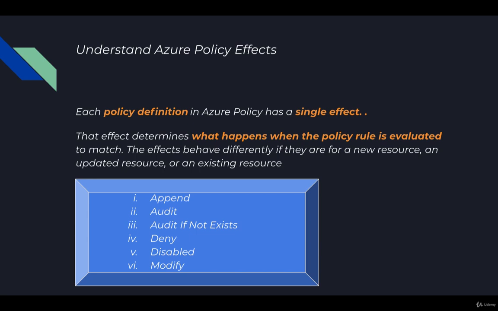And we have discussed audit if not exist. Audit if not exist enables auditing on a resource that matches the if condition but does not have the component specified in the details. For example, we discussed that if network watcher on a certain resource group in case of a virtual network does not exist, then audit.